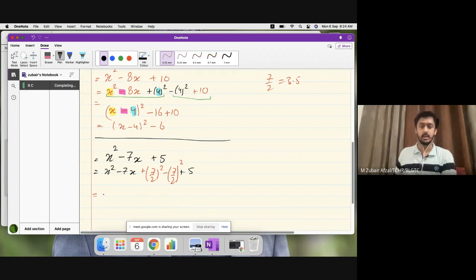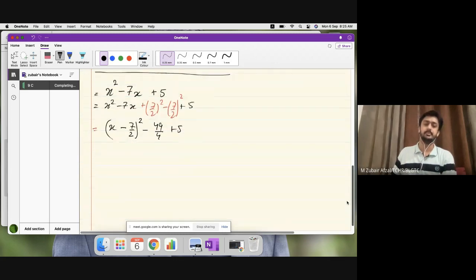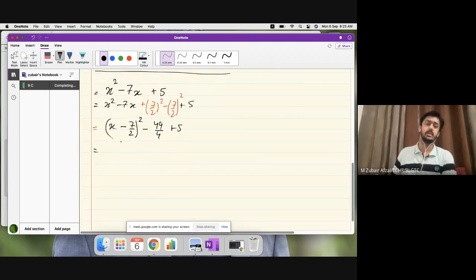Then again the same thing, we copied x, you copied the negative sign, you copied the number 7 by 2 whole square minus, this is 49 by 4 plus 5. Now this is something you may get in P2. We can also do it with LCM method. You can also use our calculators. I'll do it without calculator. X minus 7 by 2 whole square.